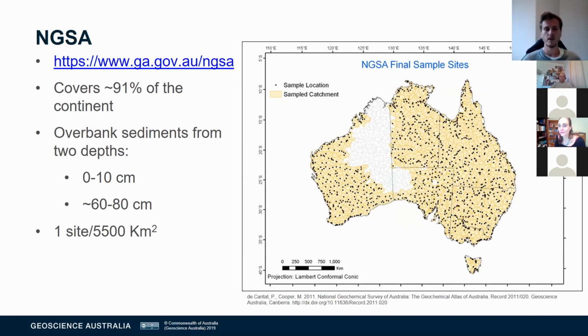The main difference between the two in this case is the scale, with the NGSA having a larger catchment size of roughly one site per 5,500 square kilometers. And that second sampling depth, in this case, a second sample was taken at approximately 60 to 80 centimeters as well, to try and provide an overview of those bottom overbank sediments as well.